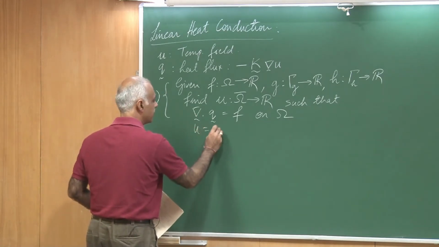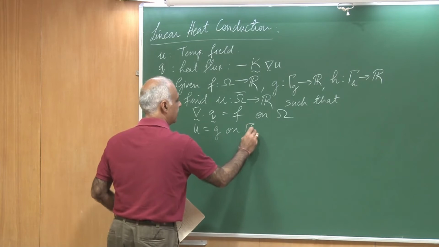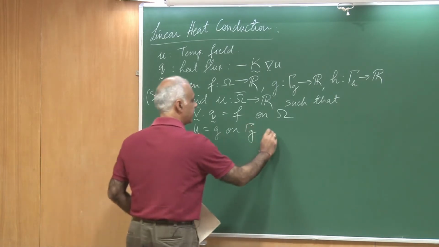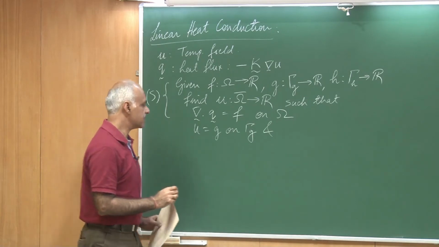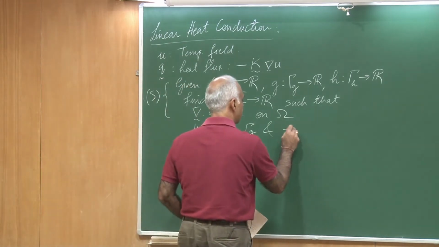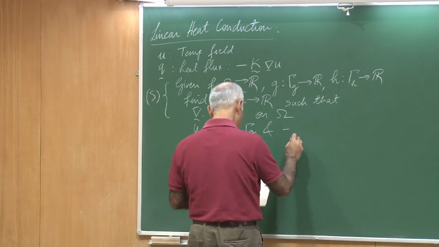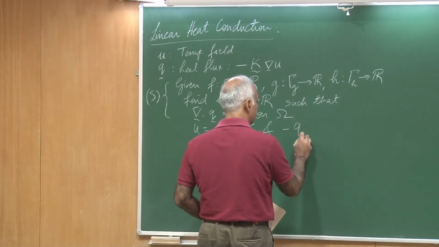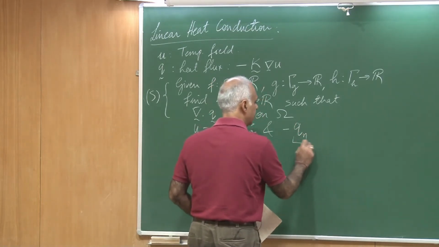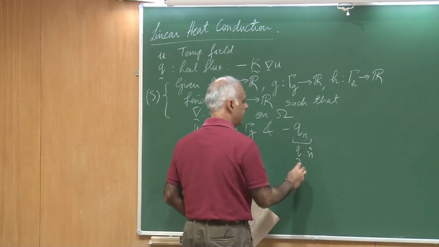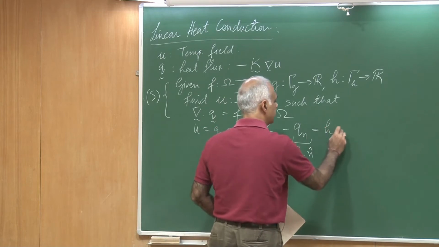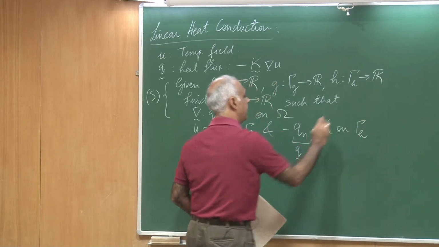So, that is U equal to G on gamma g, and I have a Neumann type condition on the heat flux, which is minus Qn, or Qn can also be written as Q dot n. This is H on gamma h.